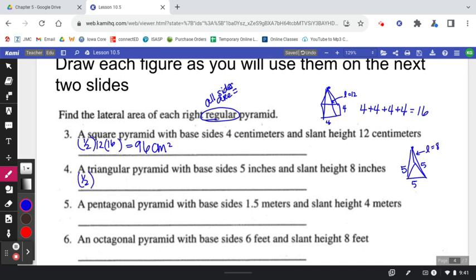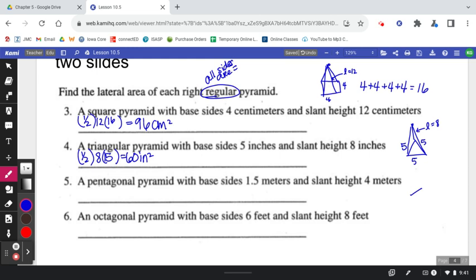So half the slant height times the perimeter. Well, the perimeter would be 5 plus 5 plus 5 because it's a triangle. So 15, which I believe is 60. Yep. Inches squared.